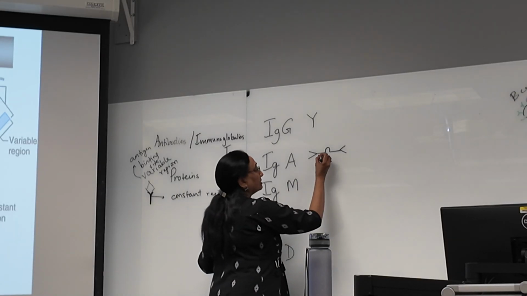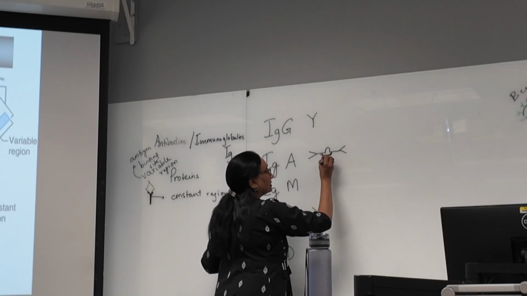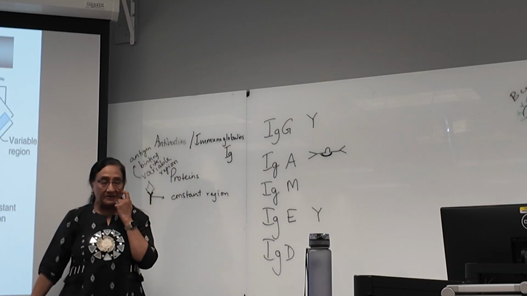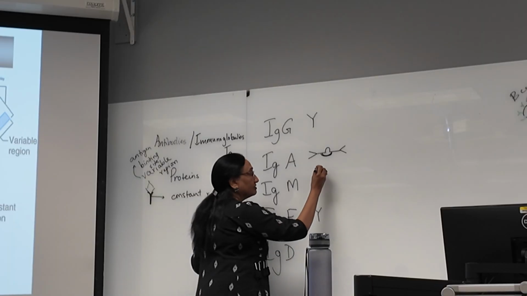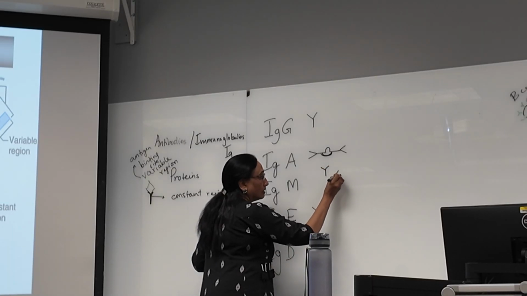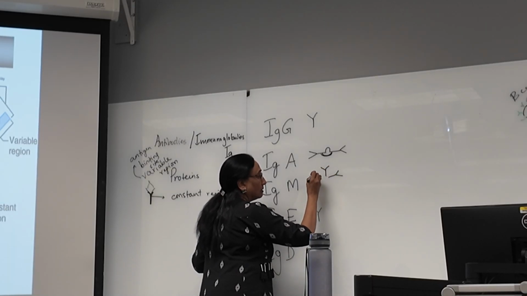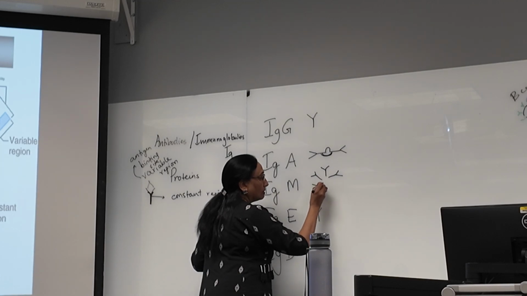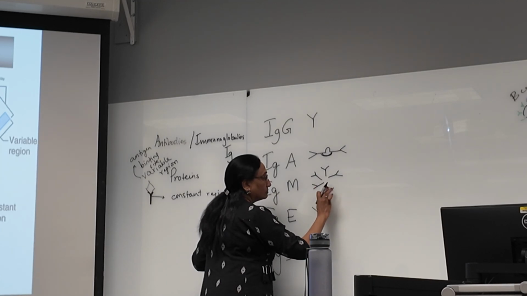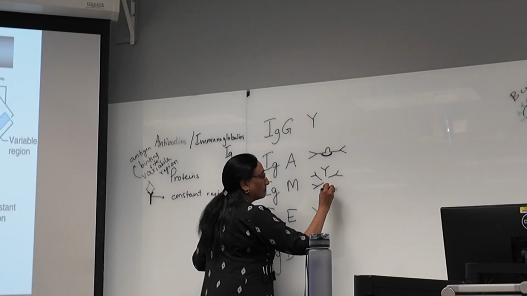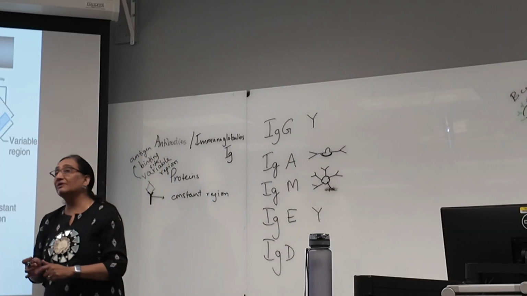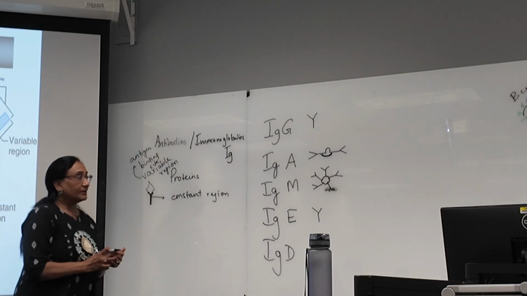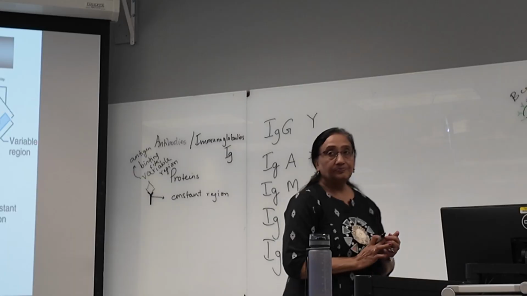This is the shape of IgA. IgM is a pentamer. That means there are 5. Do we have to know that part? No, this is just so that you know how IgM will look. So they are each different.